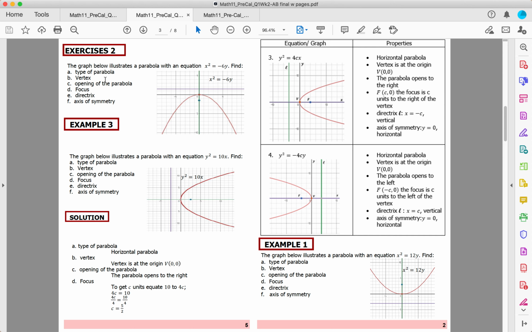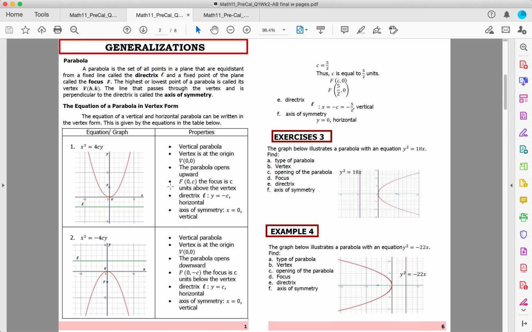The type of parabola here is based on the opening. If the opening is downward or upward, then you would say it is a vertical parabola. But if it's opening to the right or opening to the left, then it is a horizontal parabola.